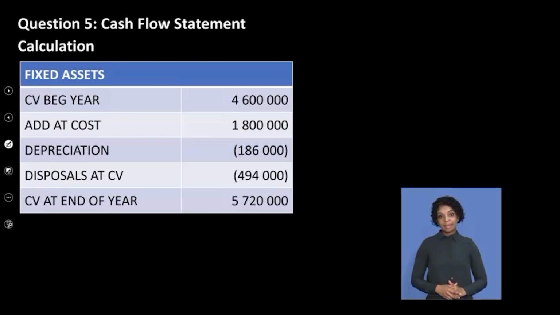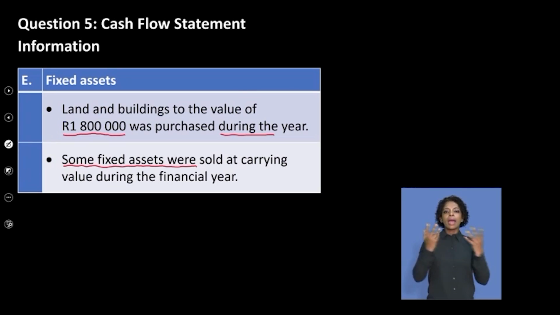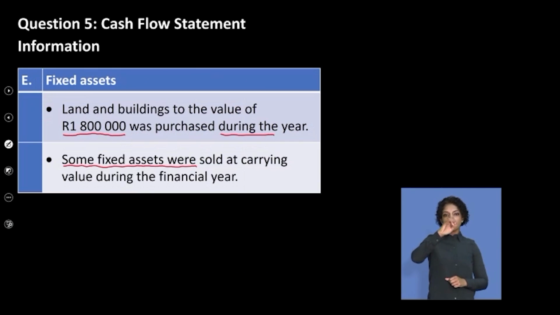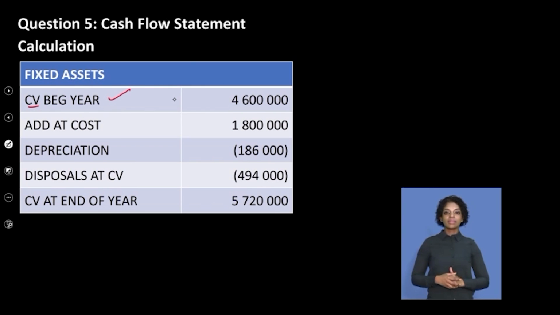Your fixed assets, your carrying value, at the beginning of the year was, let's check, 4,600,000, therefore 4,600,000 at the beginning of the financial year. You can now see the importance of that arrow. So you know that's the beginning, that's the end. Right, what else do I know?